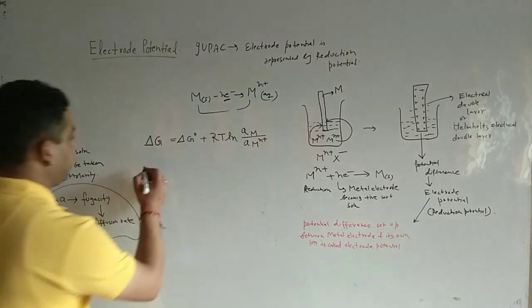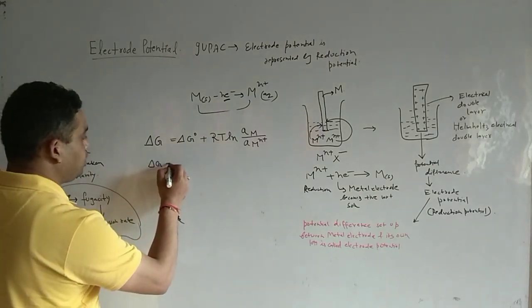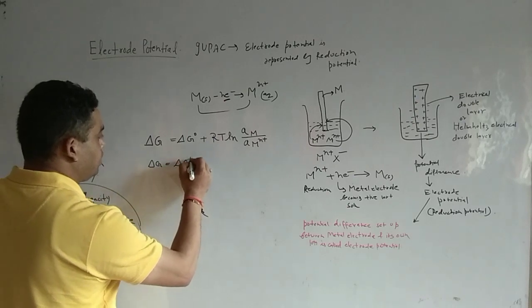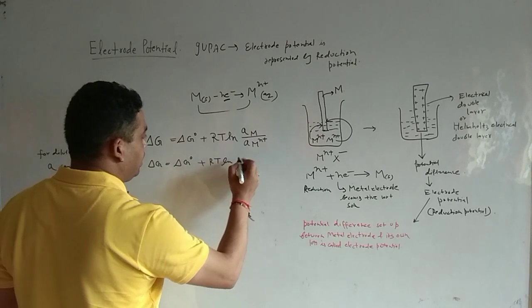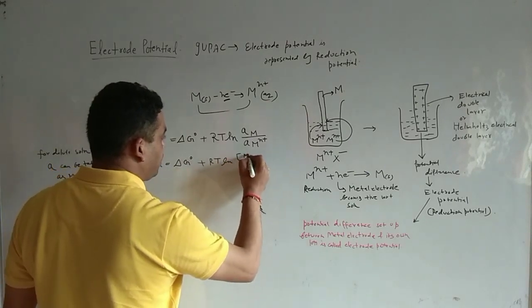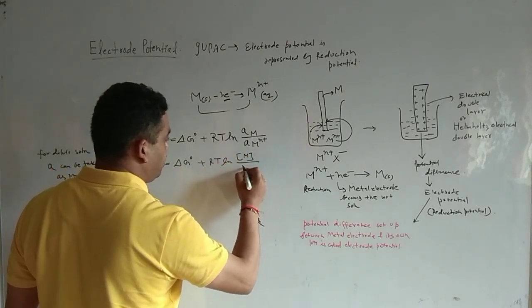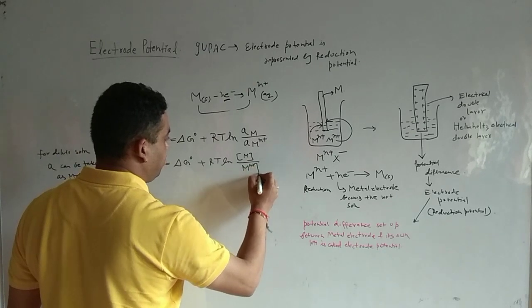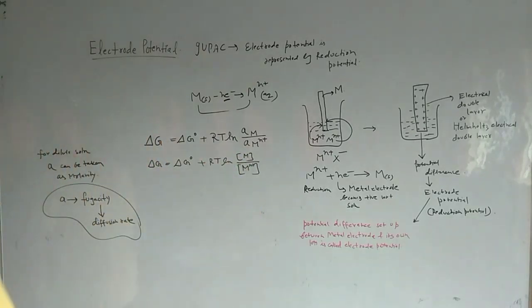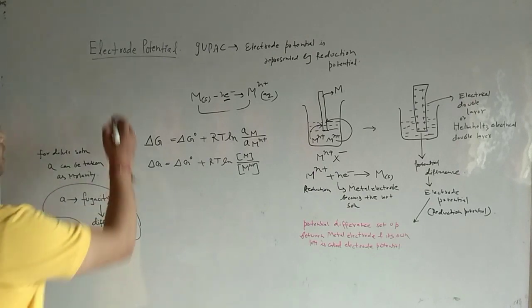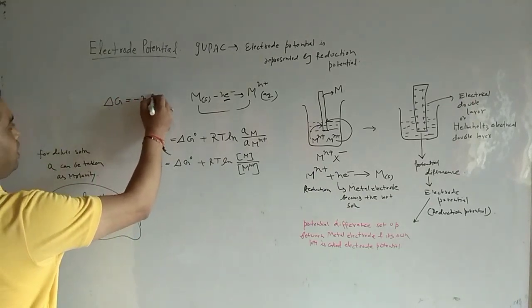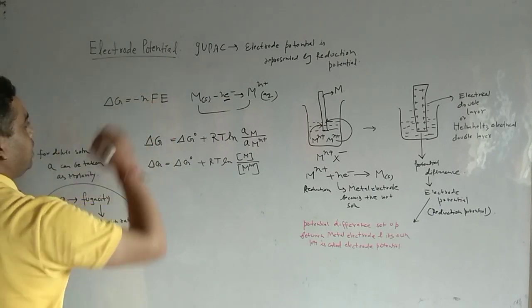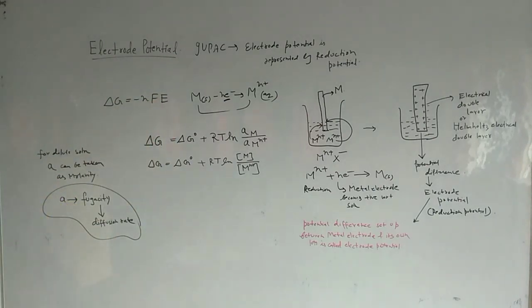So I can write this equation in this way: del G equals del G standard plus RT ln molar concentration of M divided by molar concentration of M^n+. As you know, del G equals negative nFE.